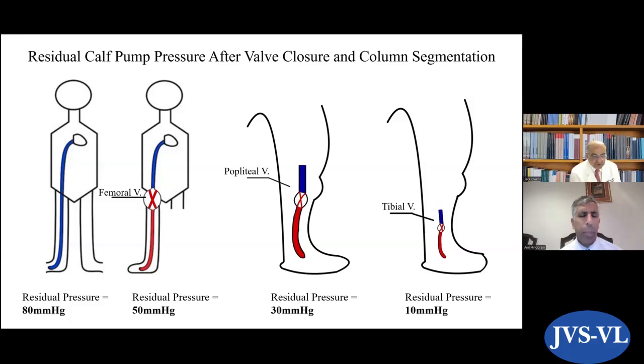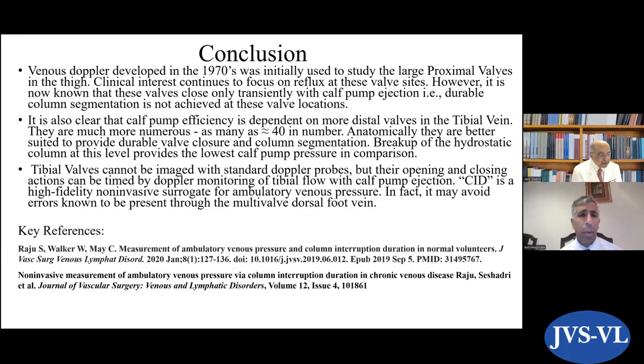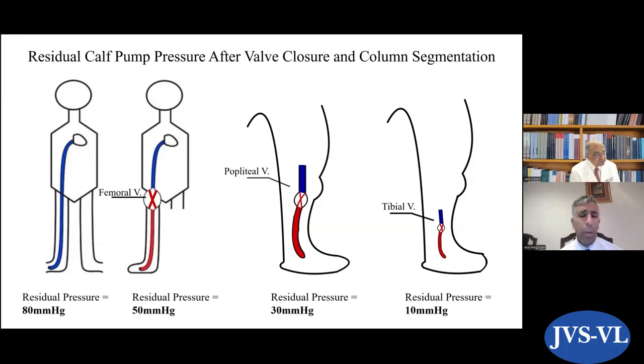But of course, the femoral valve doesn't stay closed for too long after calf pump, right? Go back to the figure. Because it stays closed only for 5 to 15 seconds. And then it opens. So segmentation at the femoral valve closure does not last very long.